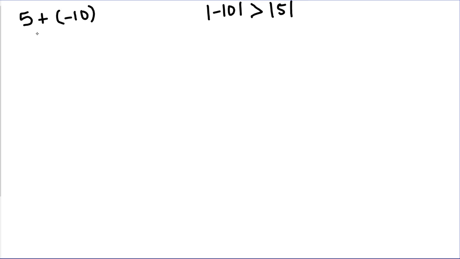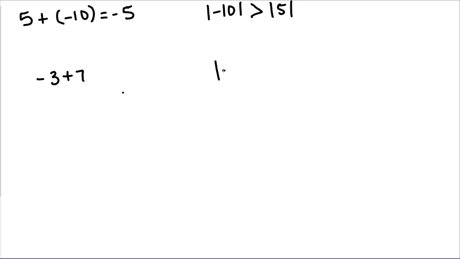So 10 minus 5 is 5. And since 10 has the greater absolute value, it's going to stay negative, and we're going to say the answer is negative 5.